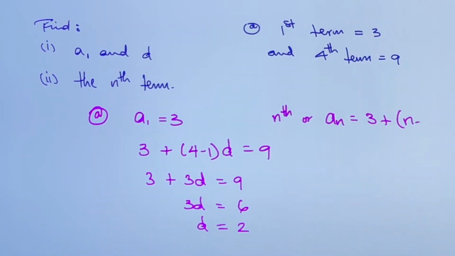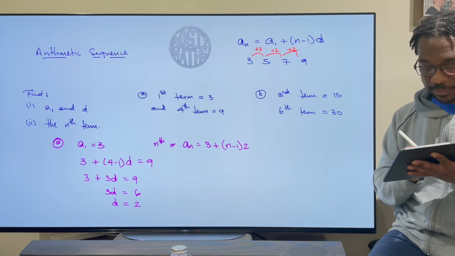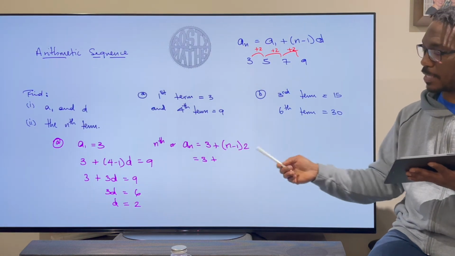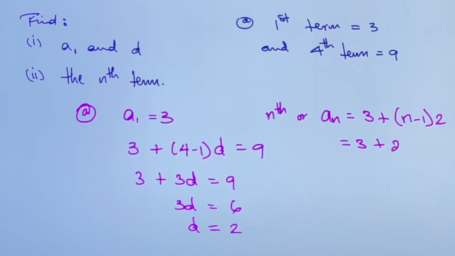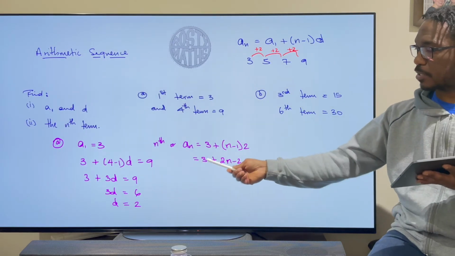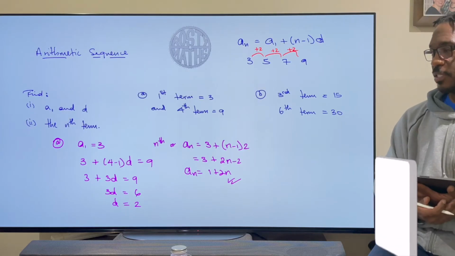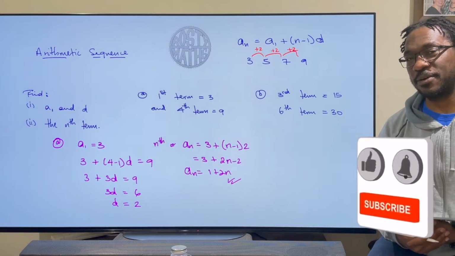So n take away 1 times my common difference, which is 2. Let's go ahead and simplify that. So 3 plus, expand that bracket there, so that becomes 2n take away 2. I can then subtract the 2 from the 3, so my nth term is 1 plus 2n. That's my an, and just like that, this is finished. That's the end of that one.